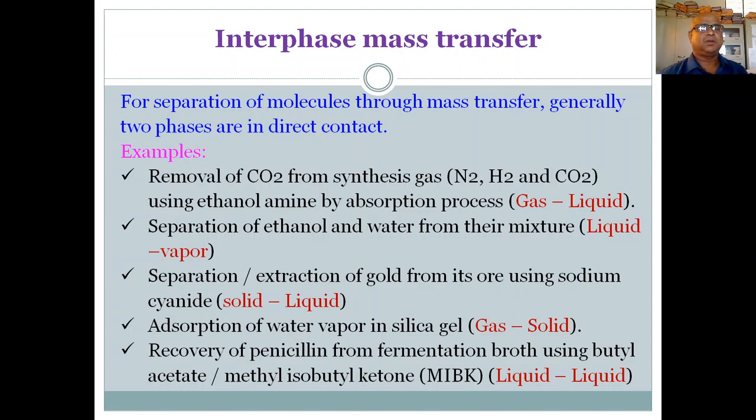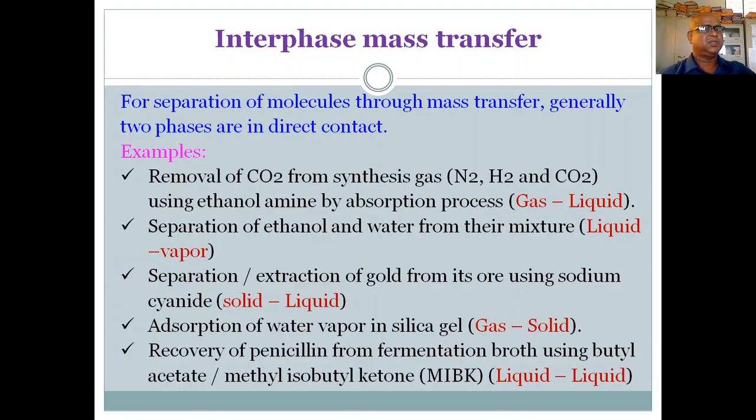Then they tried bringing two phases into contact, where a particular component has an affinity to move from one phase to another phase, and that gives the separation in an economic way. We have already seen this in the introduction and motivation chapter. The same examples I am taking here, but now you see what is happening.